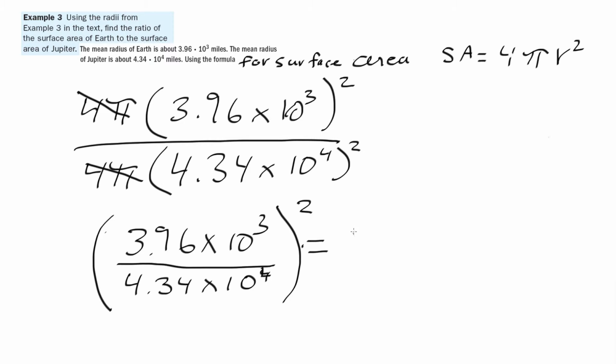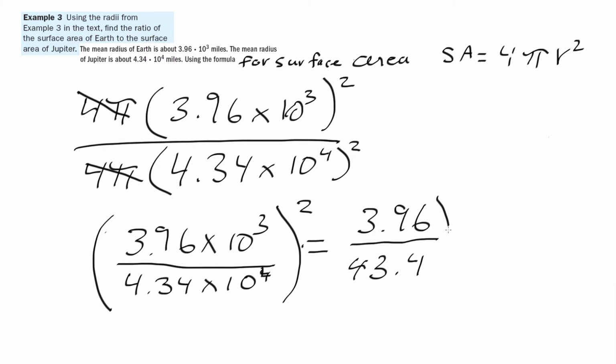I have 3.96 divided by 4.34 times 10, which would be 43.4. That whole thing will be squared.